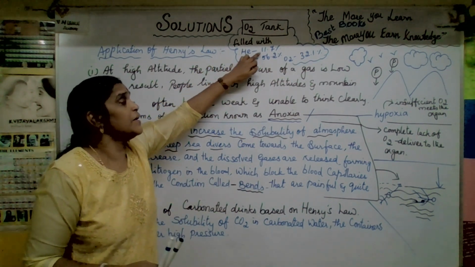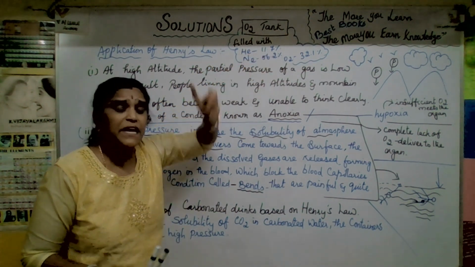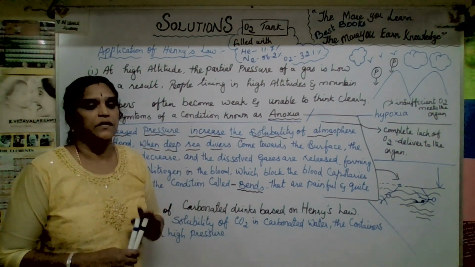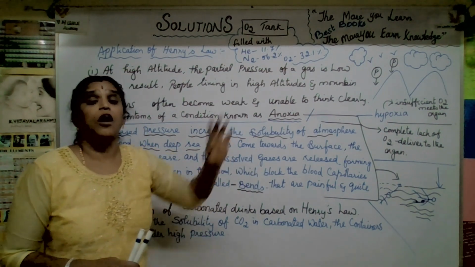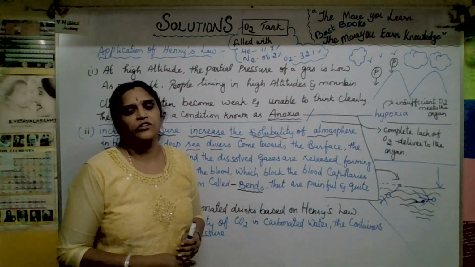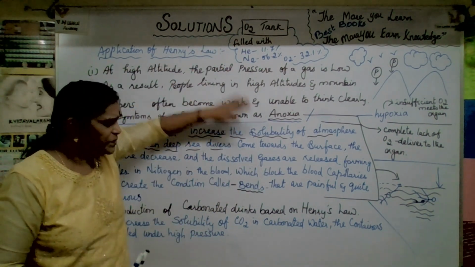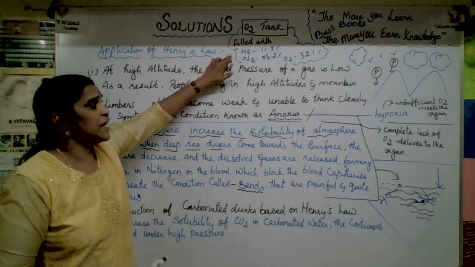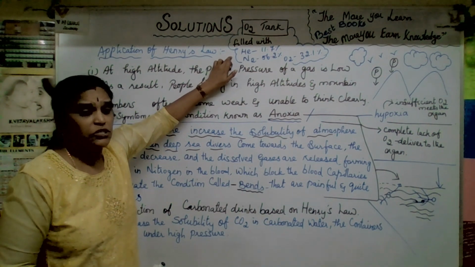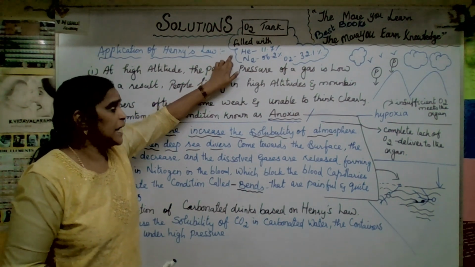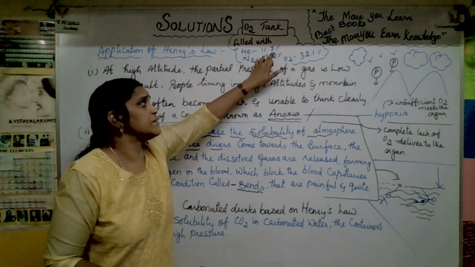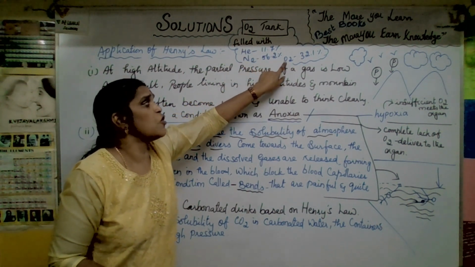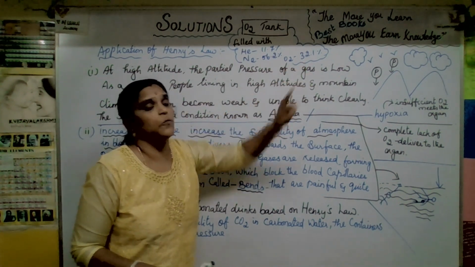Diluted helium 11.7 percent. Please note it down, because you will definitely get an objective question, whether it is a CBSE board or an IIT JEE question. You may get this composition of gases: diluted helium 11.7 percent, nitrogen 56.2 percent, oxygen 32.1 percent.